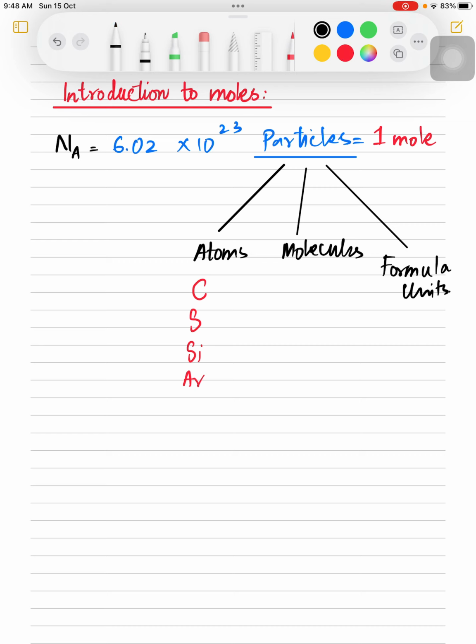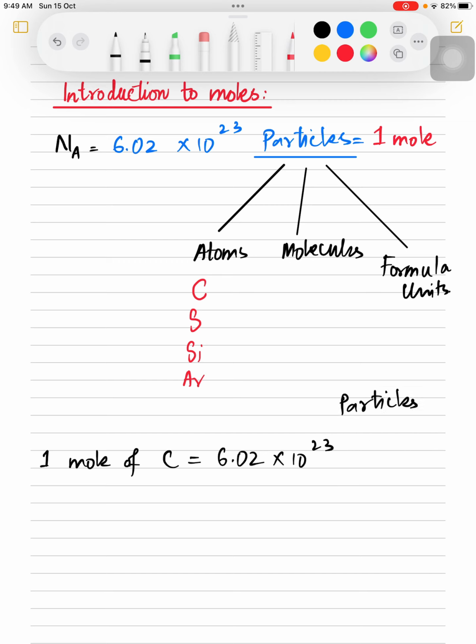So can I say 1 mole of carbon is equal to 6.02 exponent 23 particles? Should I call it particle or should I call it atoms? So we can call it atom.